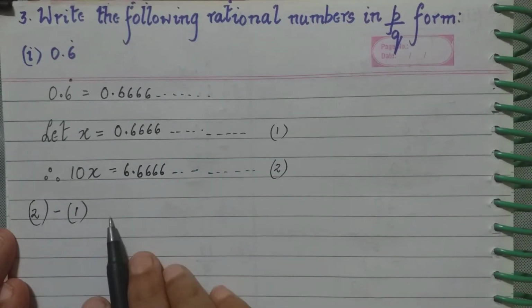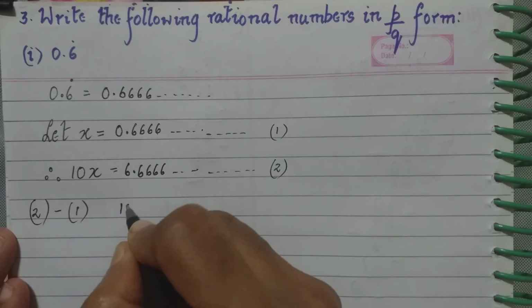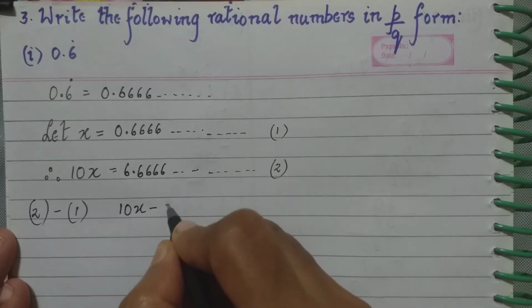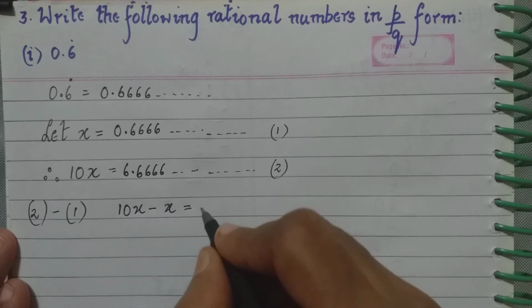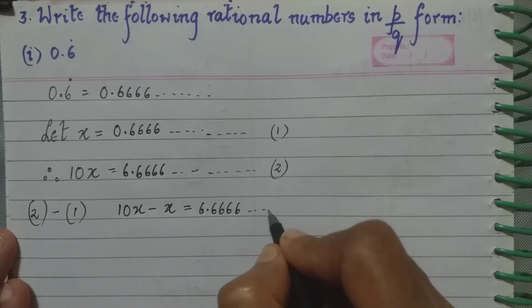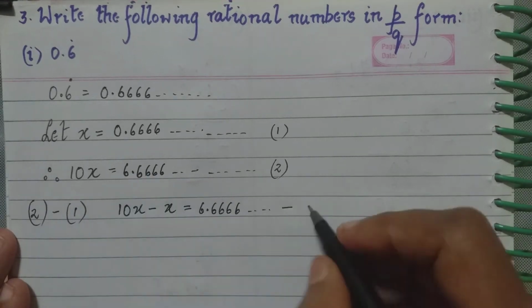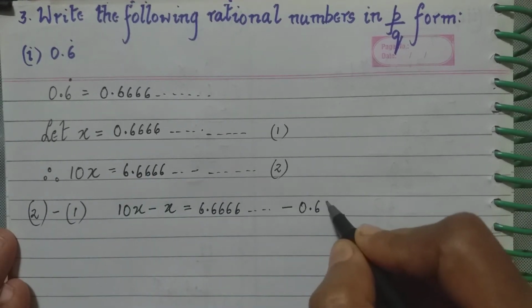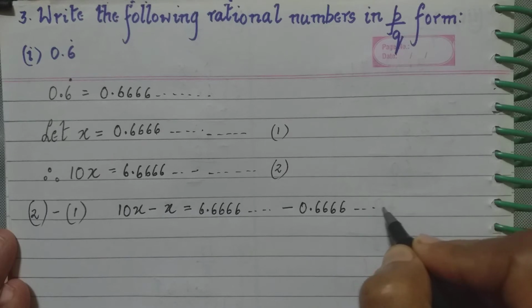So 2 minus 1 becomes 10x minus x is equal to 6.6666 recurring minus 0.6666 recurring.